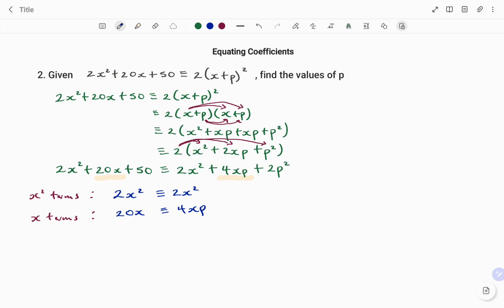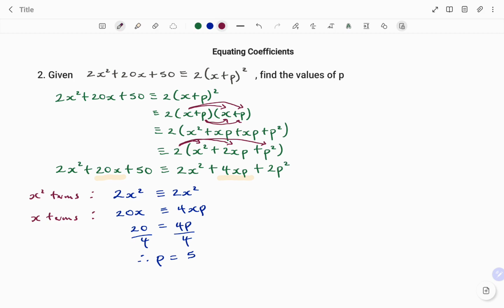If we resolve by equating the coefficients, the coefficient of x on the left is 20. We have that equal to the coefficient of x on the right-hand side, which gives us 4p. Dividing both sides by 4, we have p equals 20 divided by 4, which is positive 5.